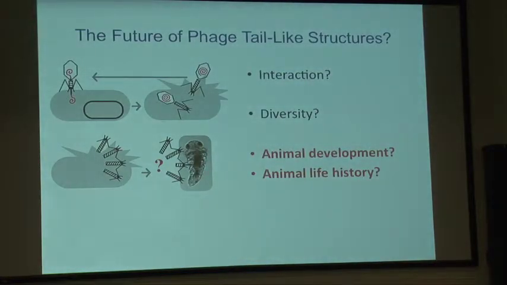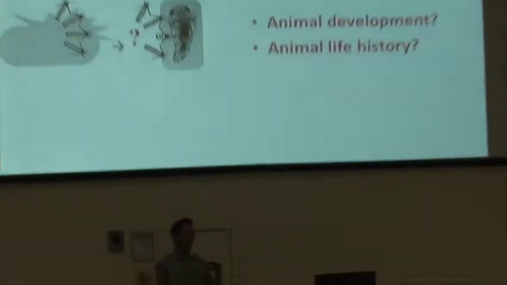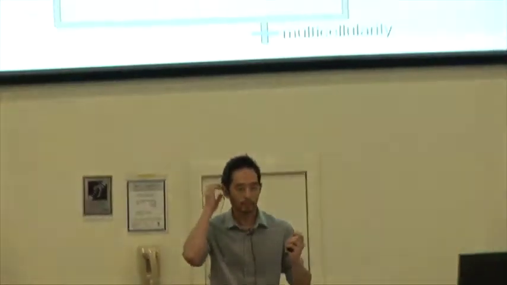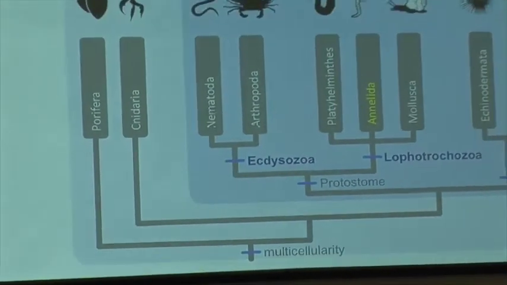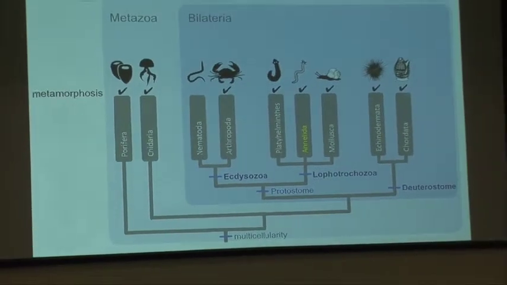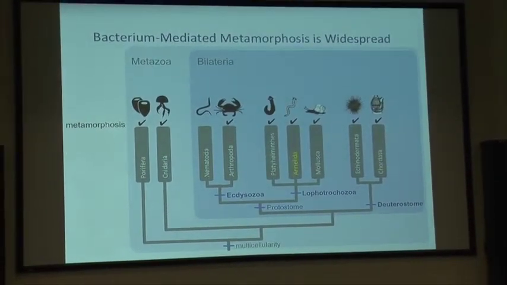Okay, and the last thing I'd like to talk about is animal development and animal life history. The thing I know best is how bacteriocins might be important for interacting with animals in terms of their metamorphosis. And that's just one facet of development. But here I'm showing a phylogenetic tree of the animal kingdom. And what I've done here is I've put a check mark next to those taxa in which there are species that metamorphose.